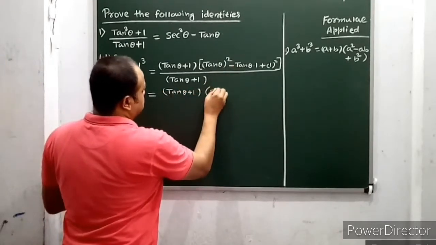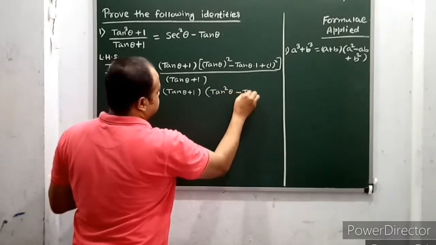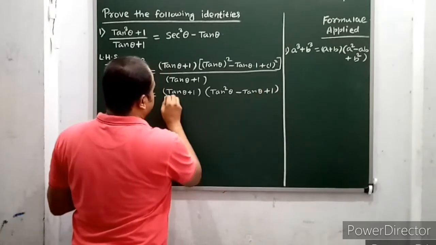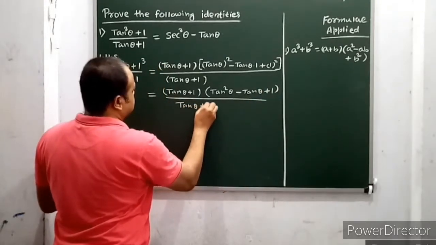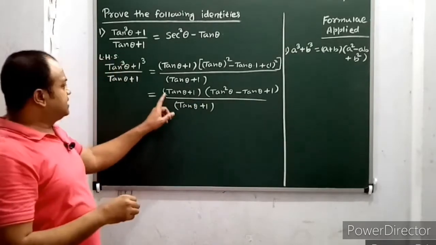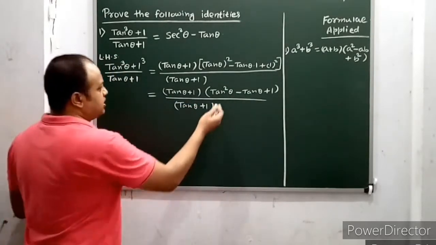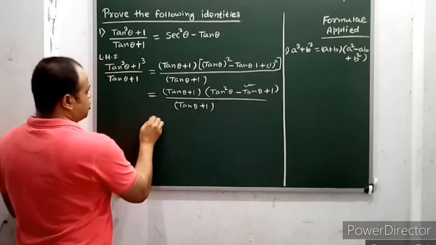Now this one, just split the bracket, you get... now you can see that tan theta plus 1, this one gets cancelled out. So you are left with only this part. So we copy it.